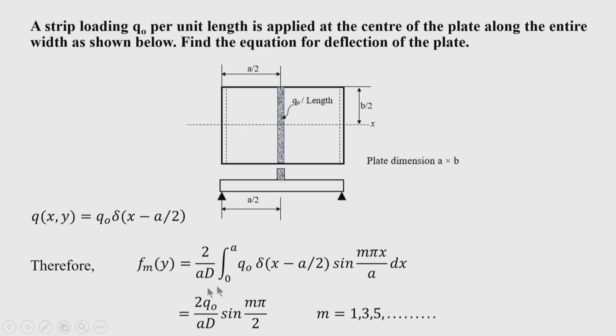So, this result is again meaningful when m is equal to 1, 3, 5 etcetera. For even integers, this value will not be in existence. Okay. Because this is again a symmetrical plate problem.